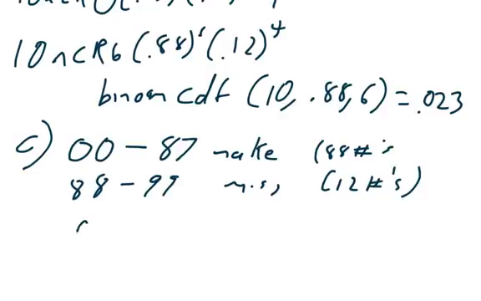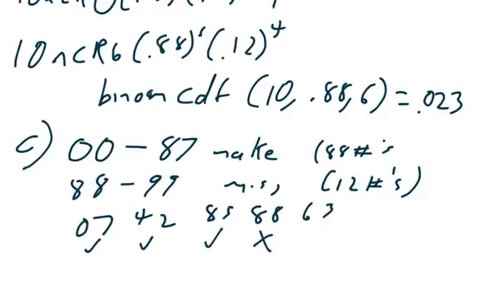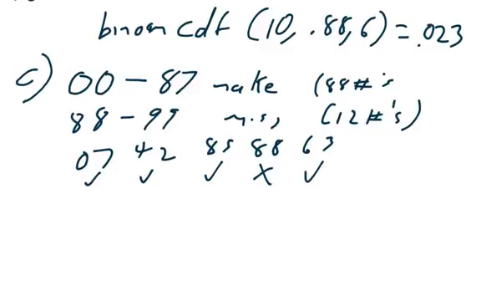So the first number was 07. That's a make. 42, a make. 85, a make. 88, a miss. 63 is a make. 96 is a miss. 02 is a make. 38 is a make.